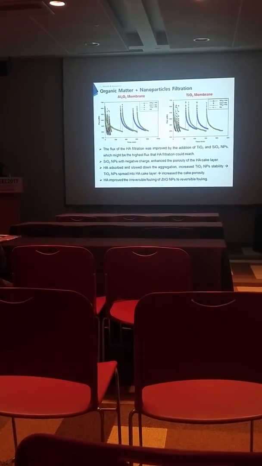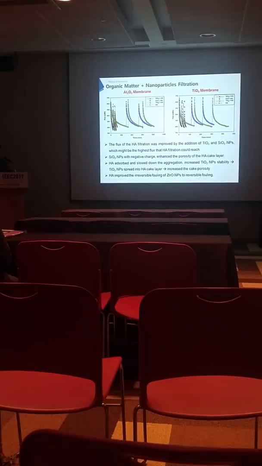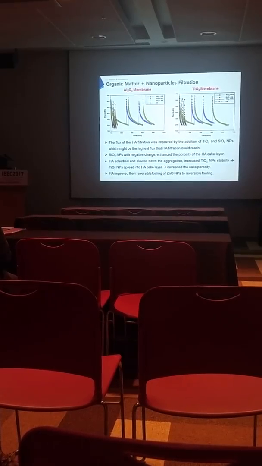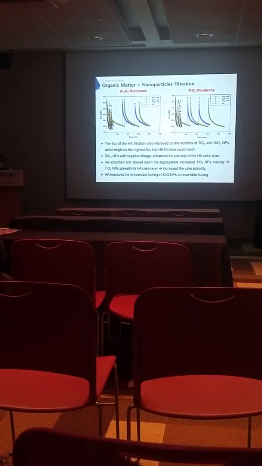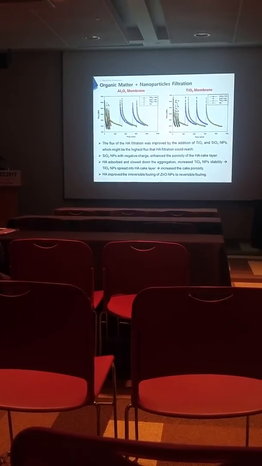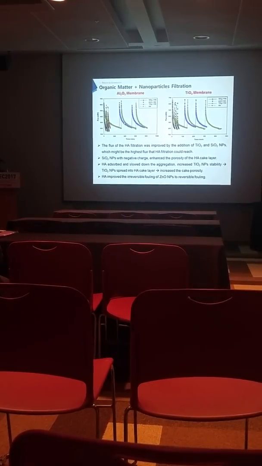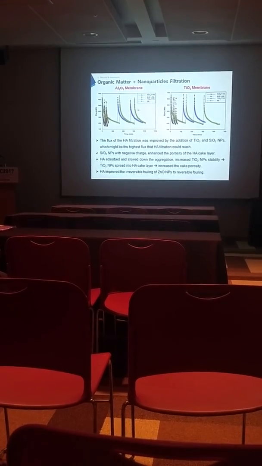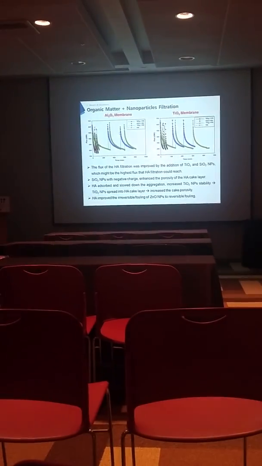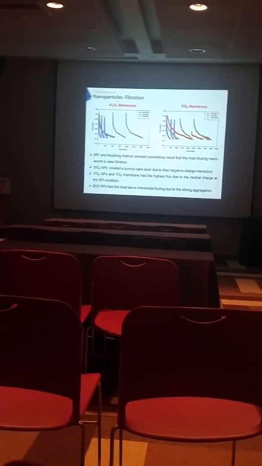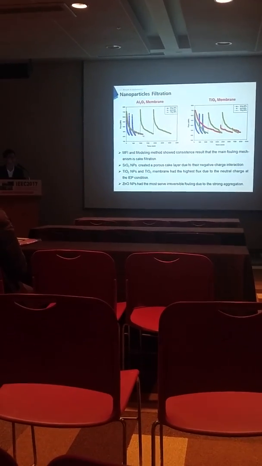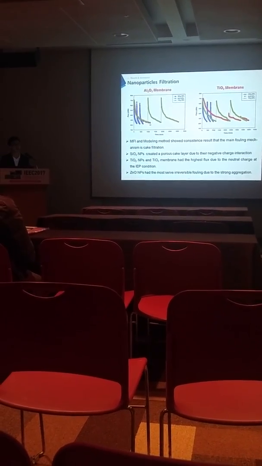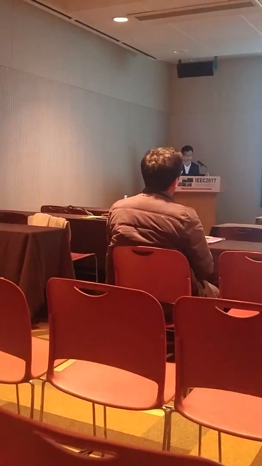This is the filtration of humic acid, and this is the filtration of humic acid with the addition of the neutral and negative charge nanoparticles respectively. And secondly, as I presented before, this is the filtration of nanoparticles alone, and this red line is the zinc oxide nanoparticle, which created irreversible fouling on the membrane.